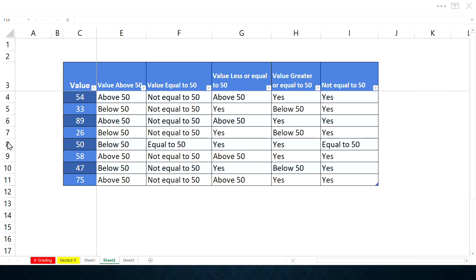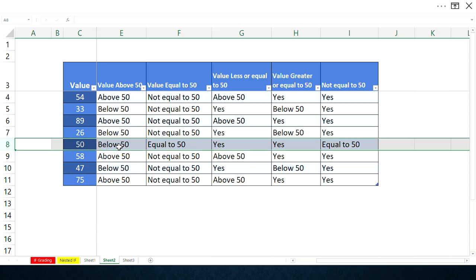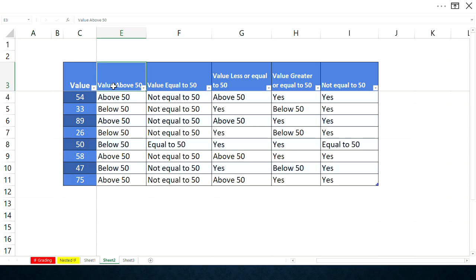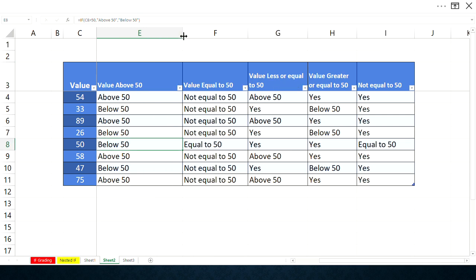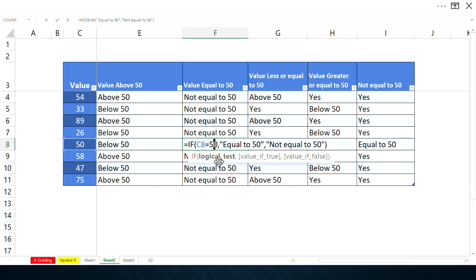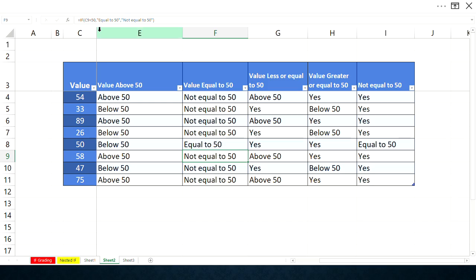But I want to take note regarding these two. We are checking if a value is above 50. But because of the condition we have set, the way we have structured the function, 50 is equal to 50, because 50 is our test condition.